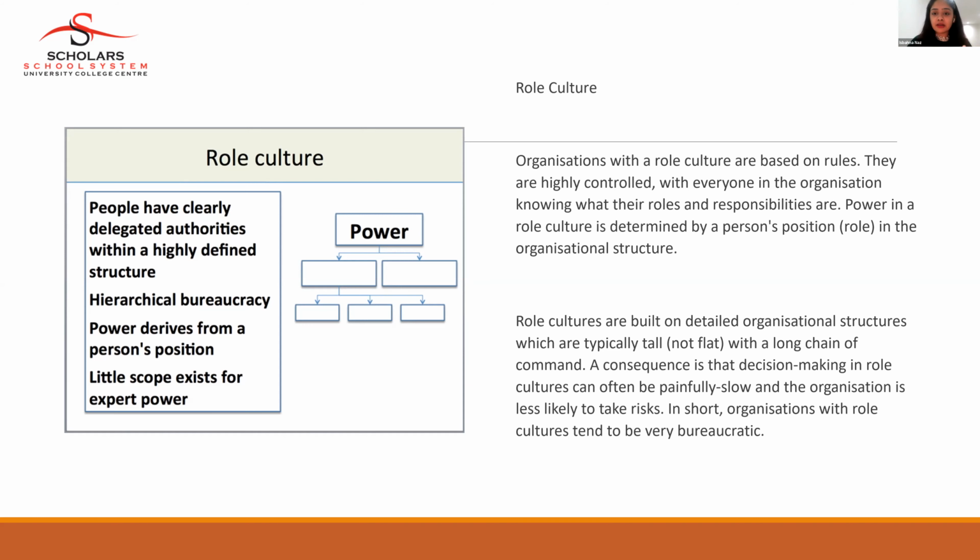So for that organization, a role culture is quite effective. But if the same culture is used in a retail shop or a retail organization, it may not be as effective, and people within that organization may not work as effectively and may not stay motivated or committed to the organization.